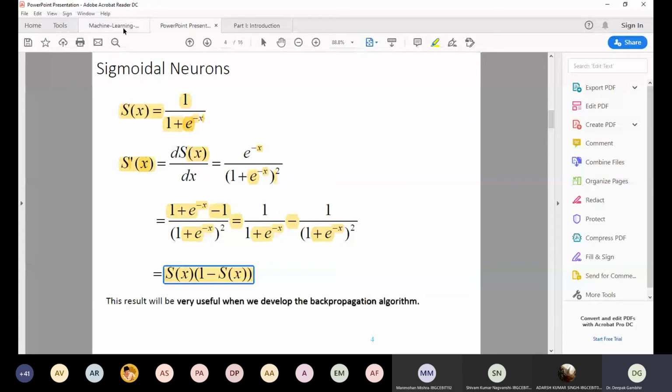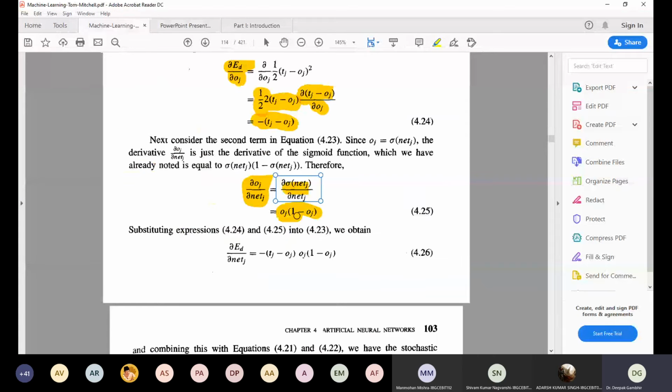The same is used here. If you take the sigmoid function and find its derivative, that results in O_j into 1 minus O_j.